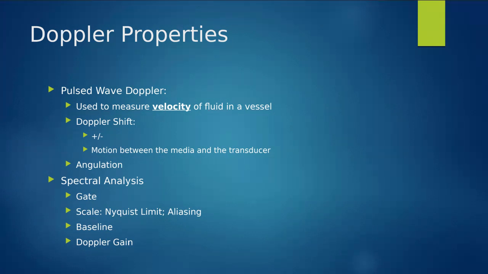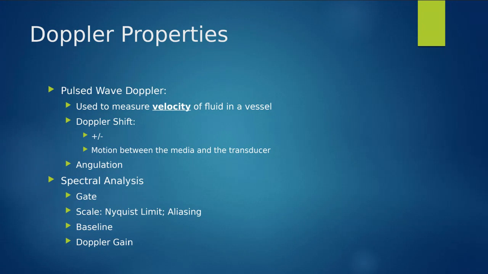Now, when I say that we can have positive and negative, this just means which direction that reflector is moving in. So is our vessel pulsating towards the transducer or is it pulsating away from the transducer? If that reflector, with each pulse or with each breath, is moving closer towards the transducer, it's going to be a positive Doppler shift.